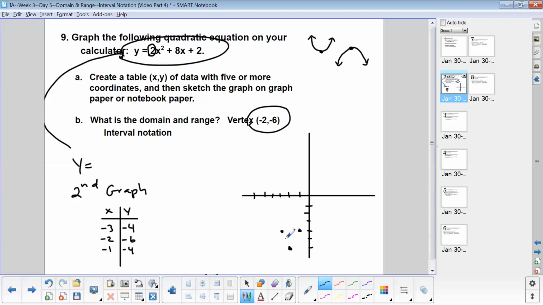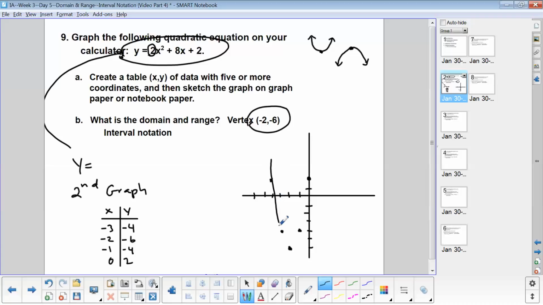Those are 3 data points. We can also look at 0, 2. So this point right here. And then we can also look at -4, 2.